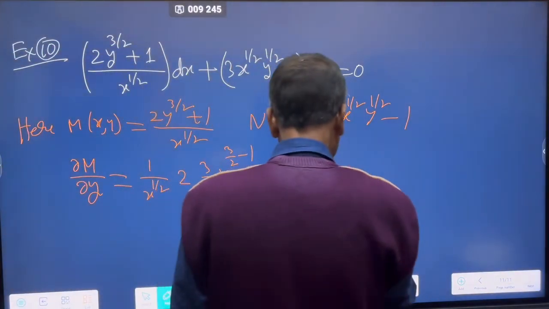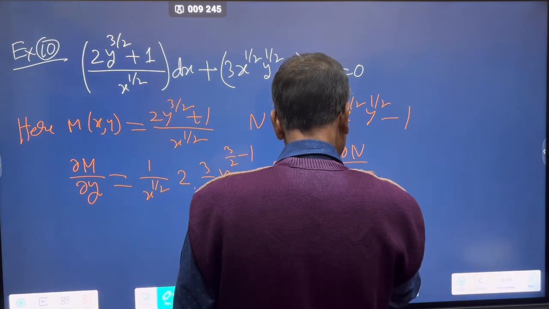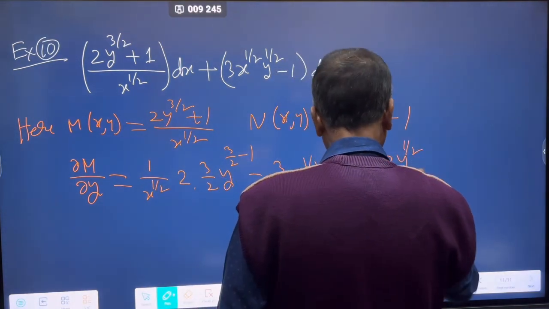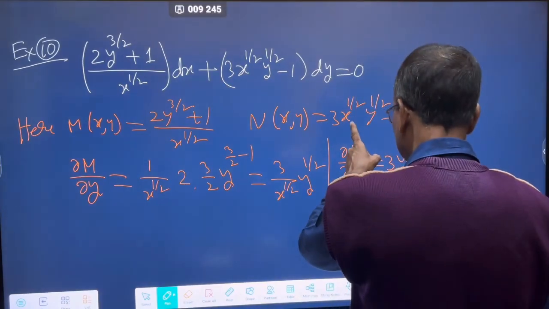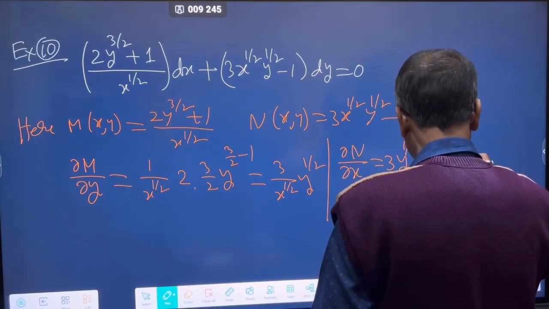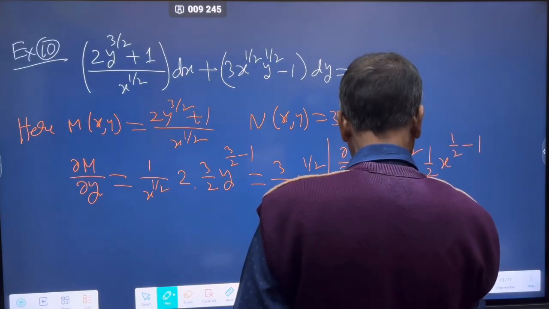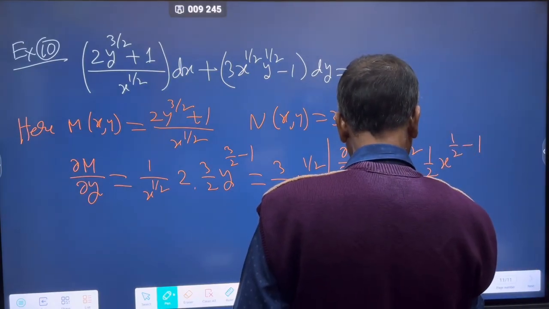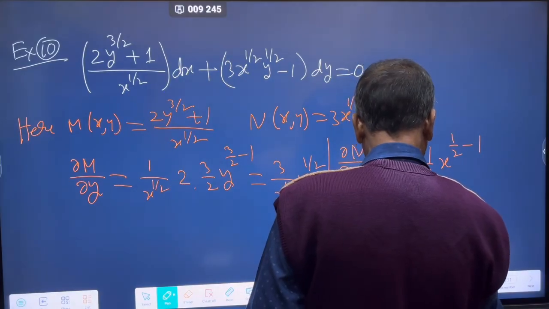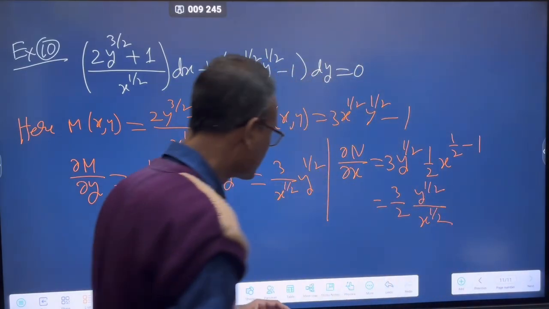del n by del x equal to 3 y to the power half. What is the differentiation of x to the power half? Half into x to the power half minus 1. This is equal to 3 by 2 y to the power half divided by x to the power half.